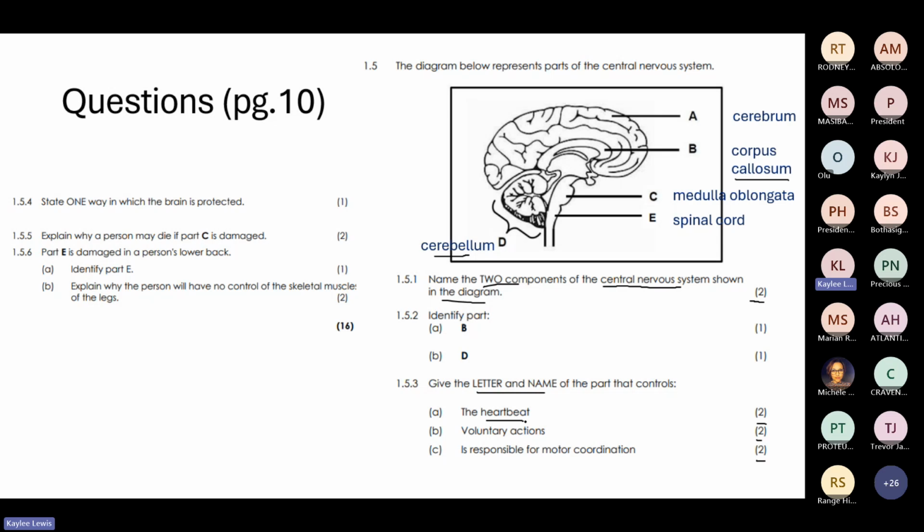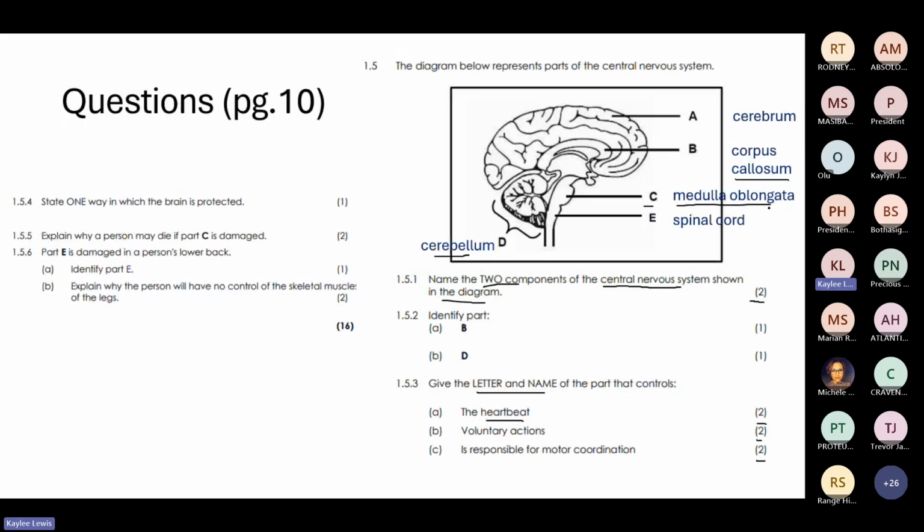You know the heartbeat is an involuntary action. And what part of the brain controls involuntary actions? That's going to be the medulla oblongata. But they want the letter and name. So for this one, your answer is C, and that's going to get you 1 mark. And the name, medulla oblongata, 2nd mark.